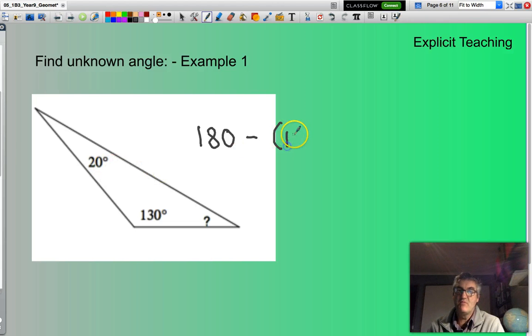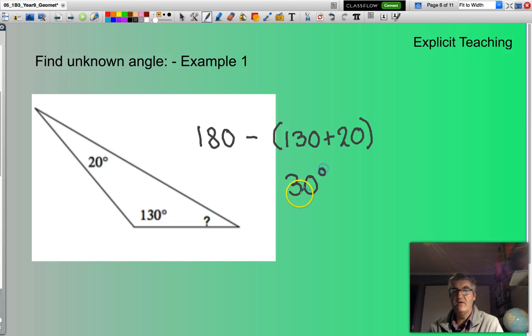So it's 180 minus the sum of 130 plus 20. So that's 180 minus 150, so that will be 30 degrees. So that there is the angle in there.